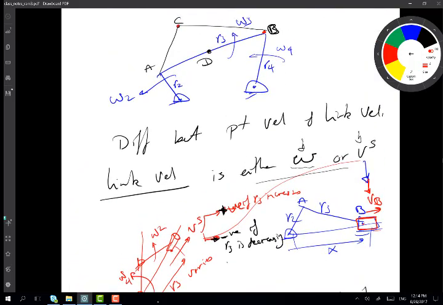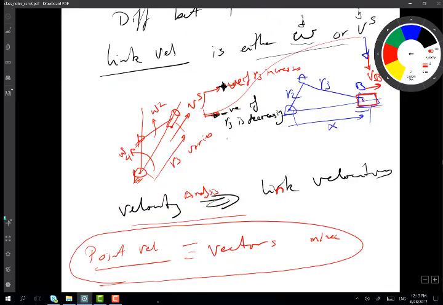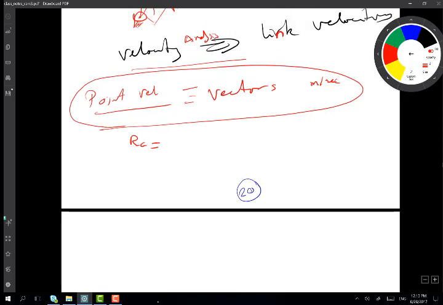Like over here, for example, if I want to find the velocity of C, like we did in the last lecture, you have this vector here, RC relative to A, and this vector here, RA, which is R2, and you add them together. I need an expression for RC with respect to the stationary point, which is R2 plus RC relative to A, and then I differentiate those.